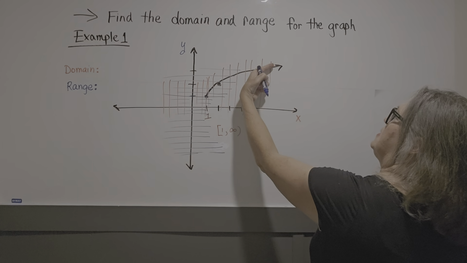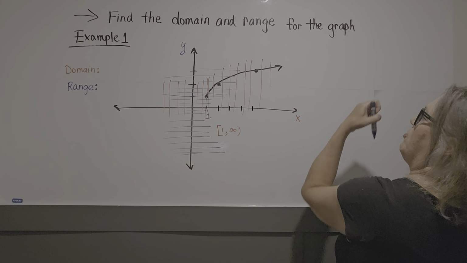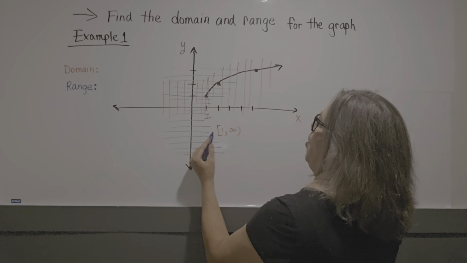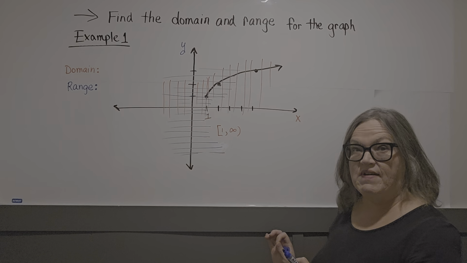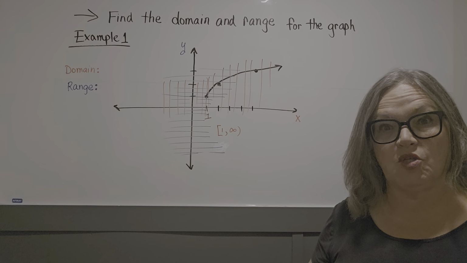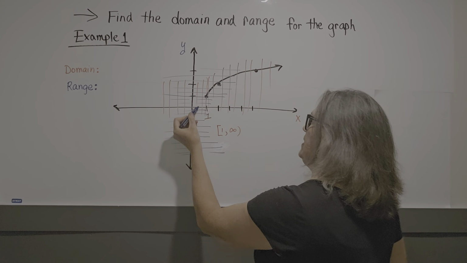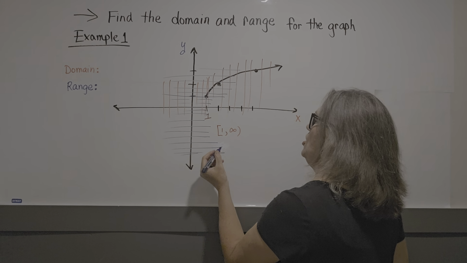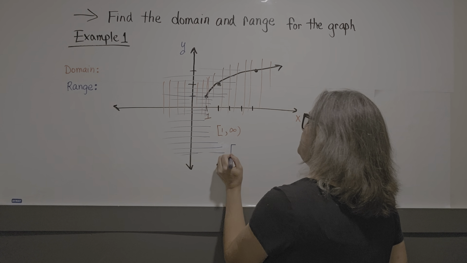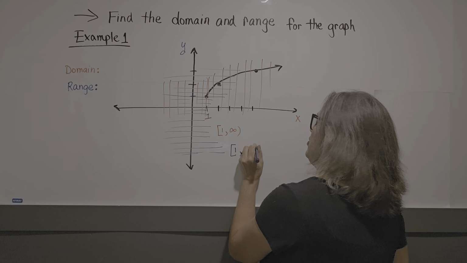So this is going to continue to go up forever. So the very first time that my horizontal lines, which represent y values, remember, y equals a constant is a horizontal line, it hits the graph for the first time right here. So it starts at a height of 1 and goes up forever to infinity.